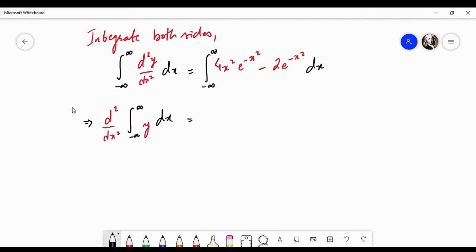So that's just a rule that I can use here. And also I can write the right side as 4 times the integration from minus infinity to infinity of x squared e to the minus x squared dx, minus the integration from minus infinity to infinity of 2 e to the minus x squared dx.